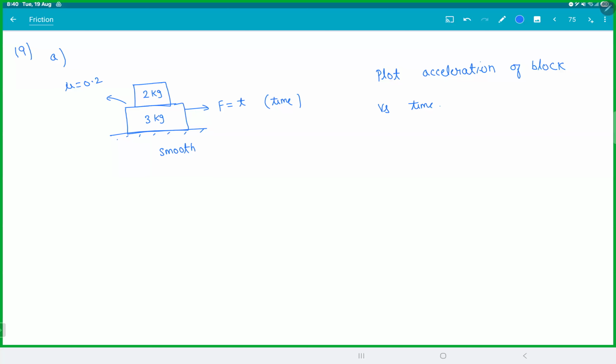See, how do you handle these kinds of questions? Whenever you see two blocks and there's friction between them, you always start with an assumption: let the blocks go together. That is the thing. Don't put F maximum directly. There is no guarantee they will slip. Assume blocks go together.